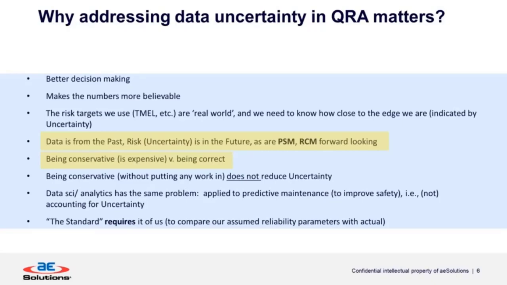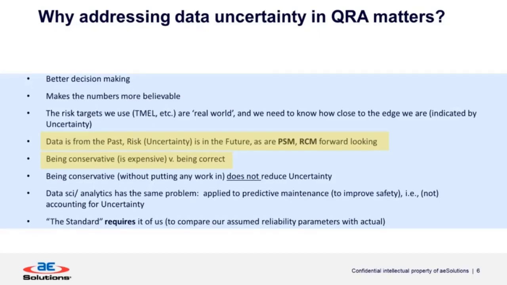The whole movement of data science and analytics, especially related to predictive maintenance, is having the same problems with not accounting for uncertainty and the problem of data, very similar to what we're seeing here and what I'm presenting today. And so if we can improve in this area, when these things come to process safety, and they are coming, predictive analytics, it's going to make it that much easier to transition.